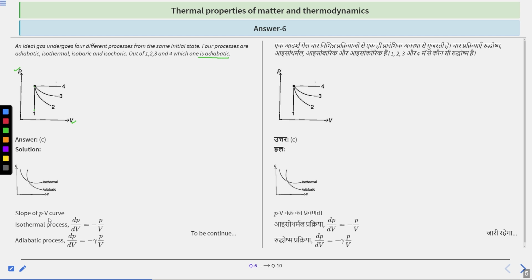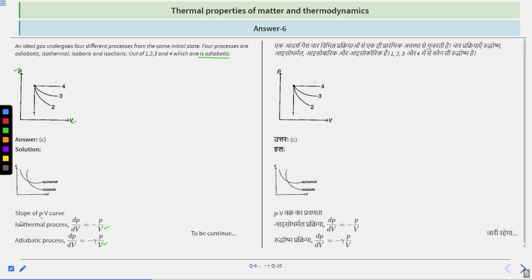The slope of the PV curve for an isothermal process is dP/dV equal to minus P divided by V. For an adiabatic process, the slope of the PV curve is dP/dV equal to minus gamma multiplied by P divided by V. Clear?